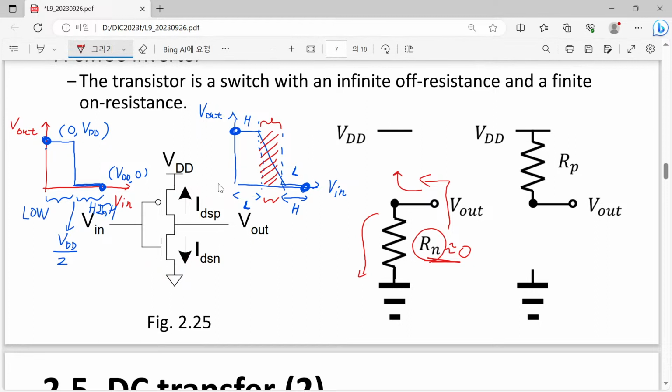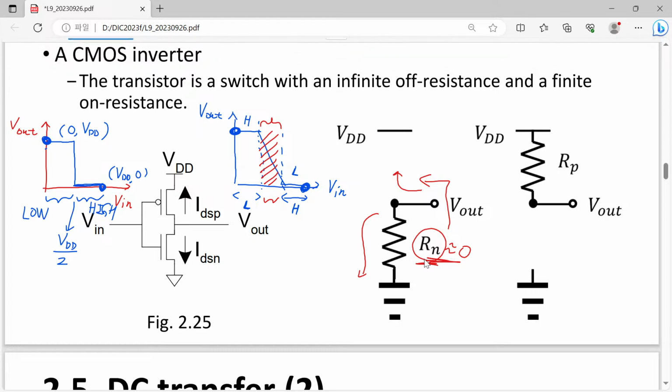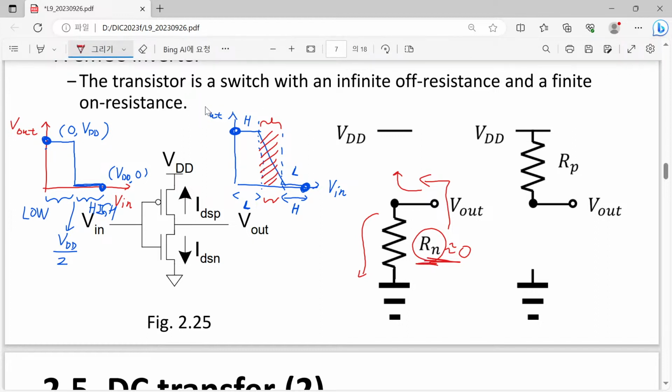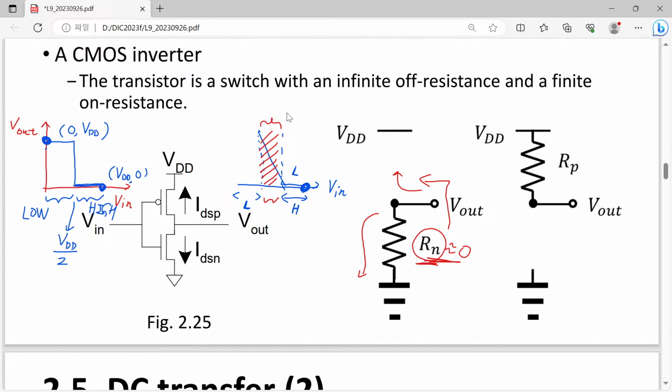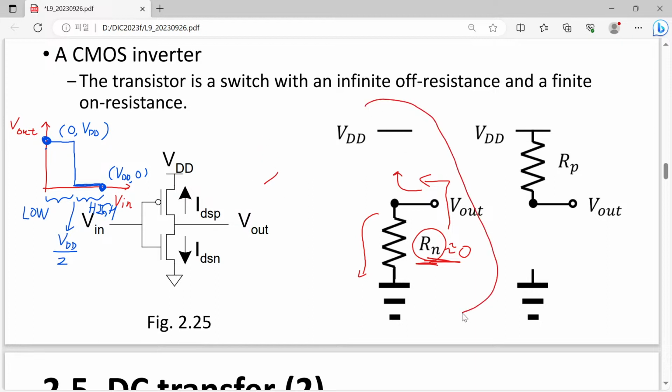Or can you, for example, write down the Rn value of your MOSFET? So let me just do it together with you. So my question is, okay, in this case, please try to say what is the operational region of our MOSFET.